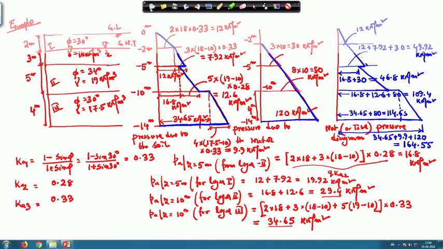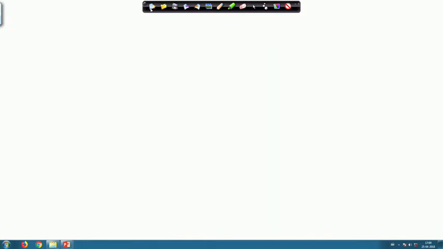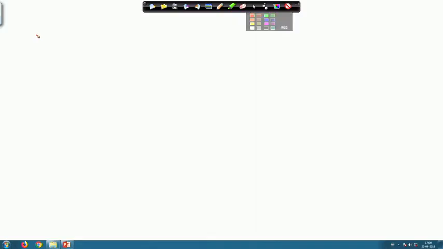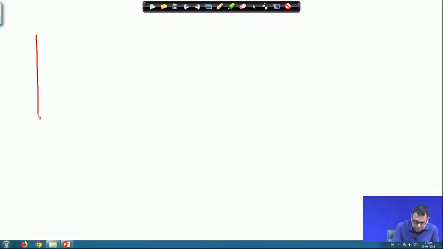First, I am drawing that diagram again, and then I will calculate the force. So, this is minus 2 meter, this is minus 5 meter, this is minus 10 meter, and this is minus 14 meter.